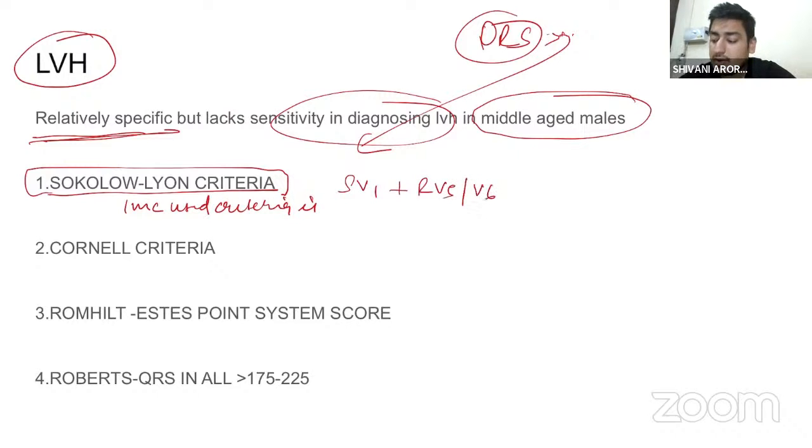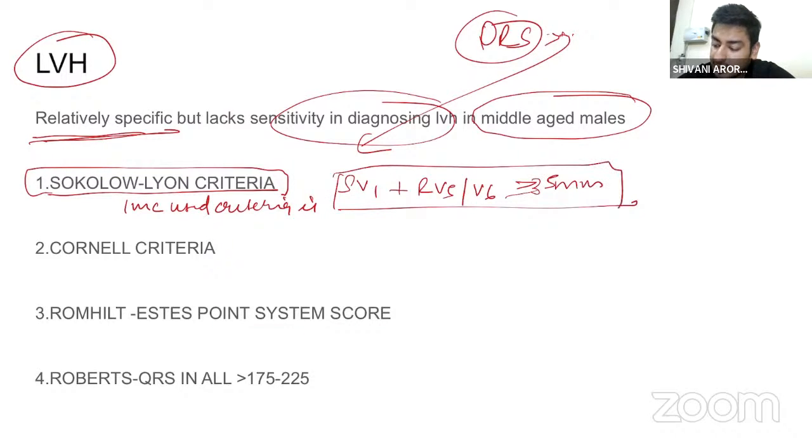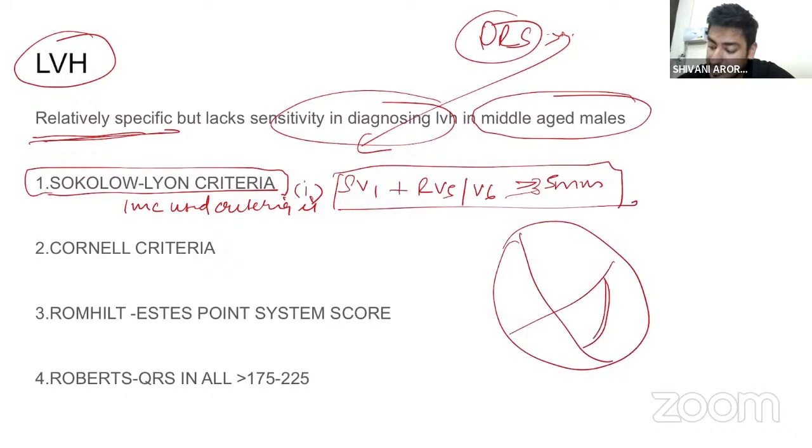And why does this occur? Suppose this is the heart and this is the left ventricle, this is lead V1, this is lead V5 and V6. When there is hypertrophy of the left ventricle, the S wave in lead V1 becomes deeper, and the R wave in lead V5 and V6 becomes taller.